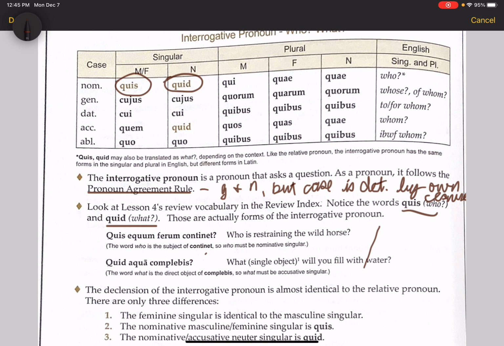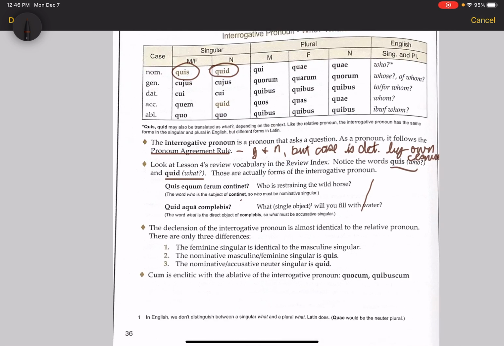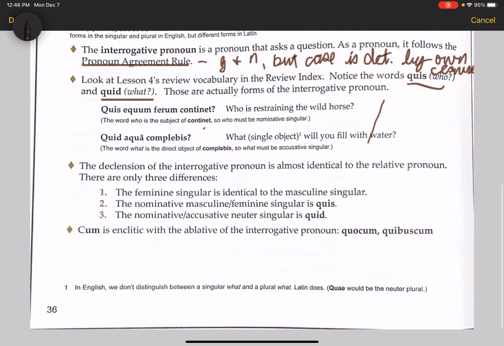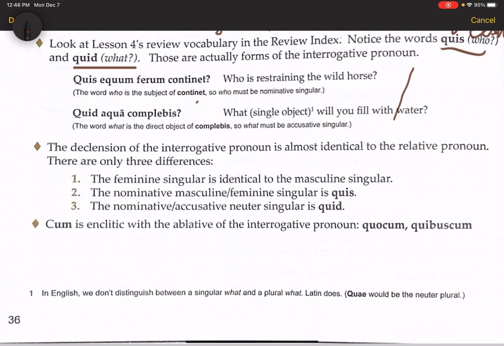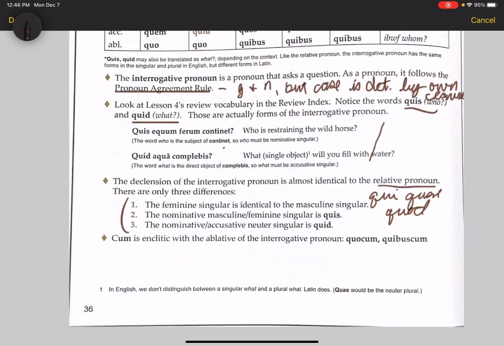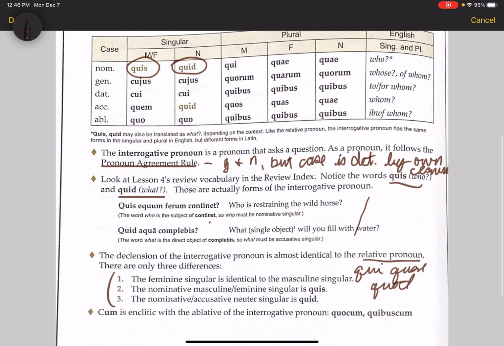The declension of the interrogative pronoun is almost identical to the relative pronoun. Remember, the relative pronoun is qui, quae, quod. So it looks almost exactly the same, with three differences. The feminine singular is identical to the masculine singular, so we get quis and quis.